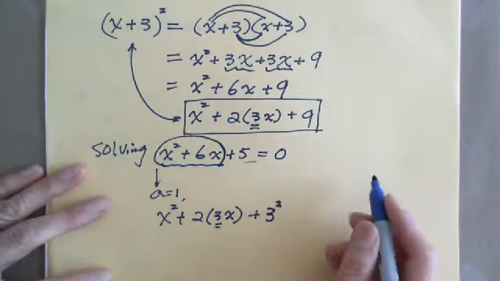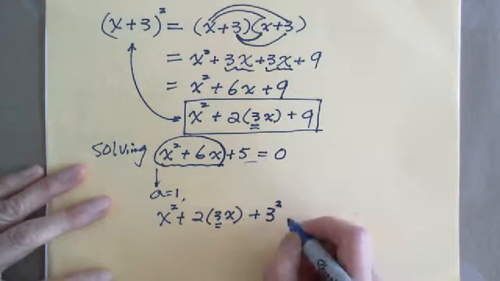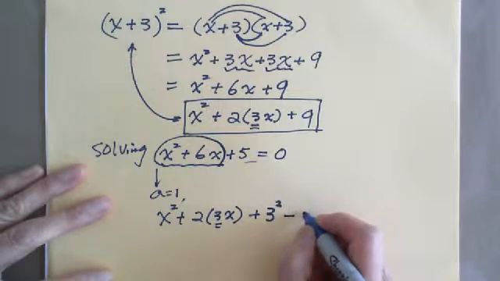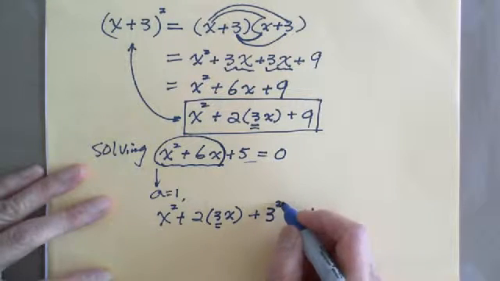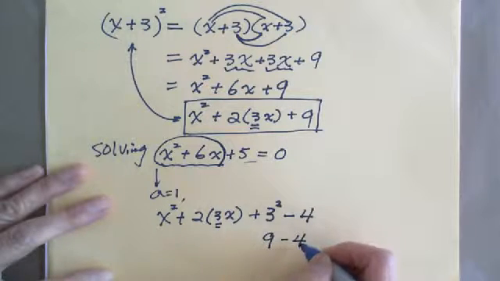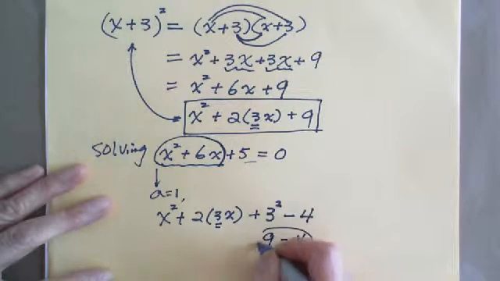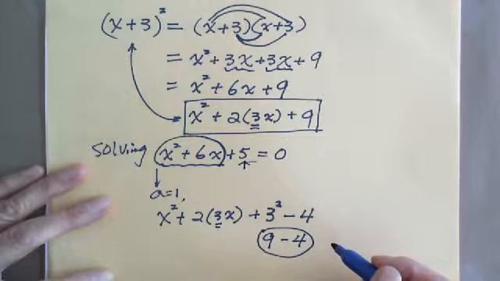But now we have plus 5, so we need to take 4 away, because 3 squared is 9, and 9 minus 4 equals 5, which is exactly the question here.